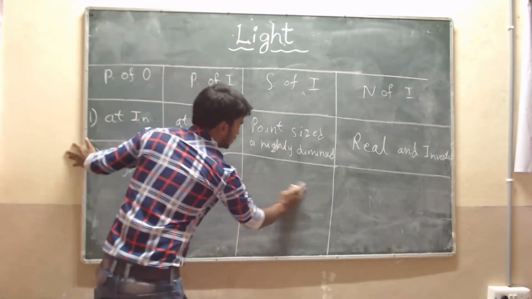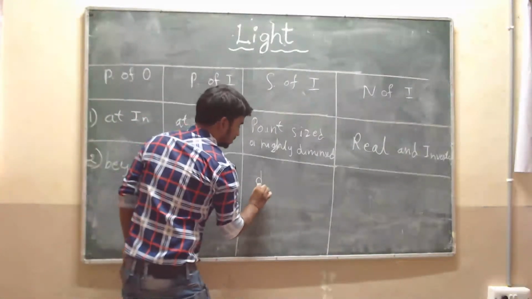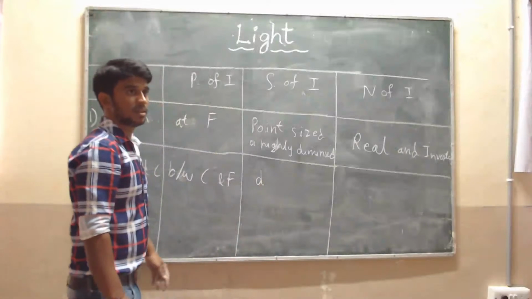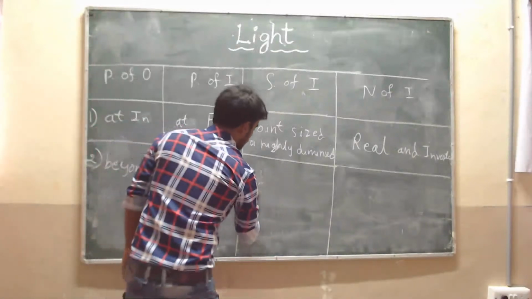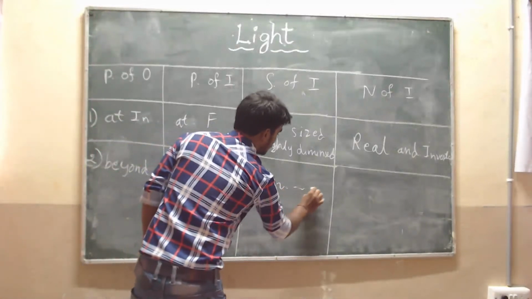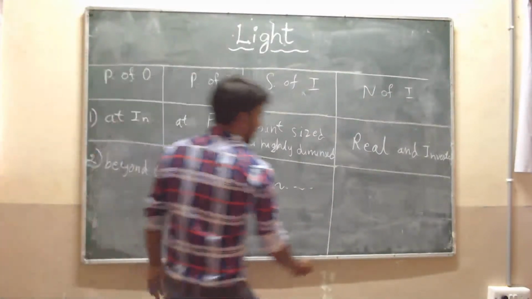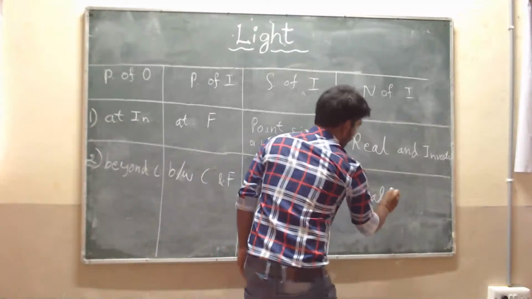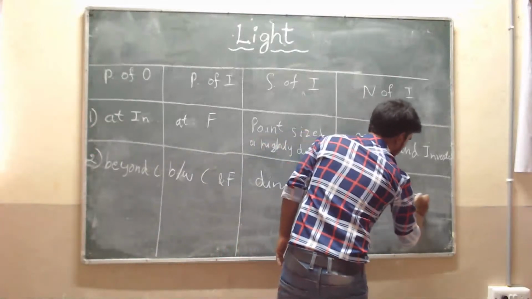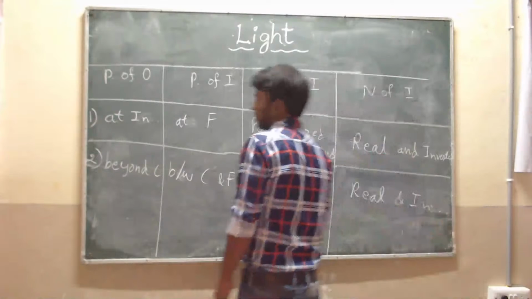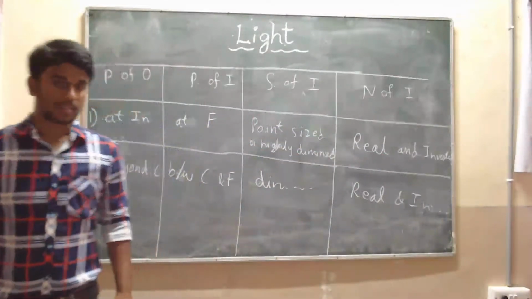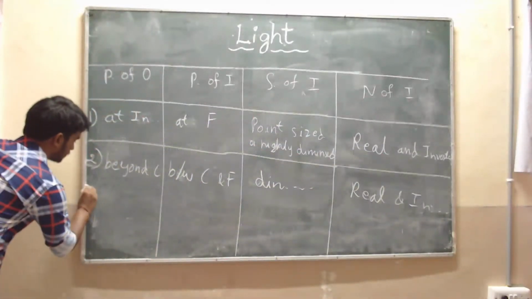Size of the image is diminished. Next, what is the nature of the image? Nature of the image is real and inverted.